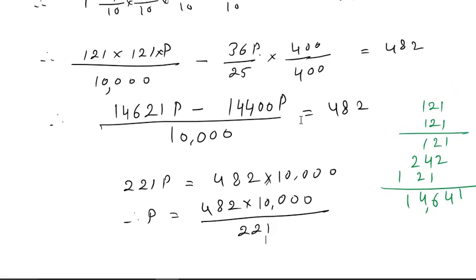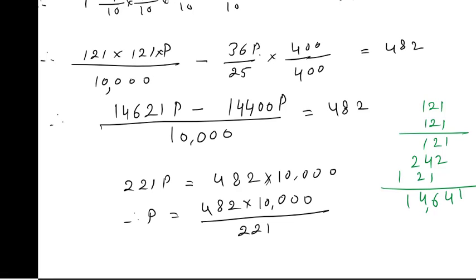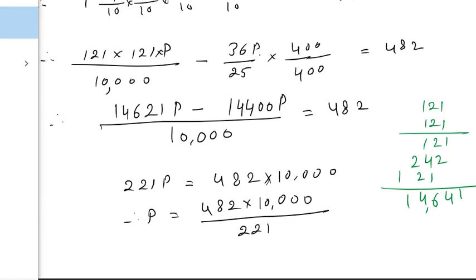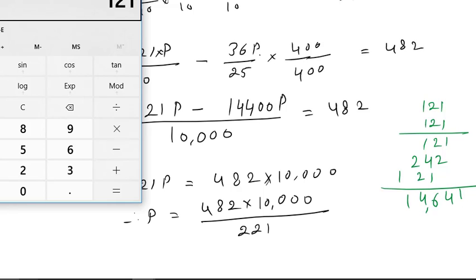Let us check again. 4 6s are 24, 4 3s are 12 plus 2 is 14, and here 121 into 121 is 14,641. So 14,641 minus 14,400 gives 241.